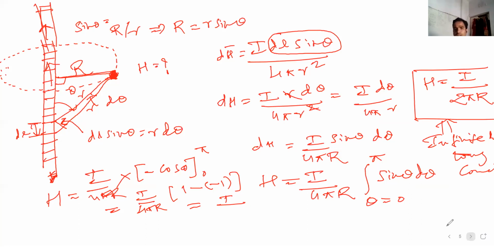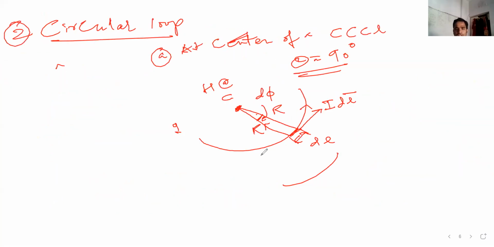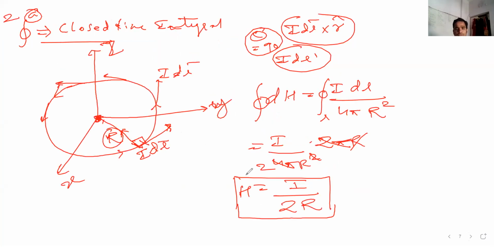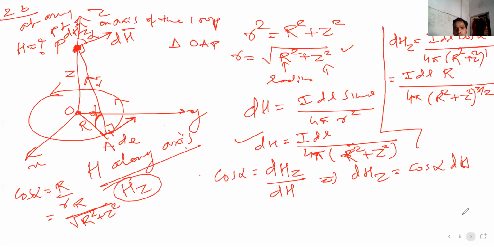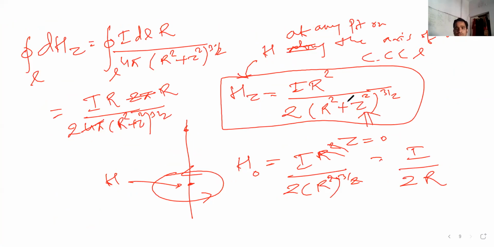Then we obtained the H at the center of a circular loop, which is I by 2r. And then we obtained the H at any point on the axis of a circular loop, which is I r square upon 2 times r square plus z square raised to 3 by 2.